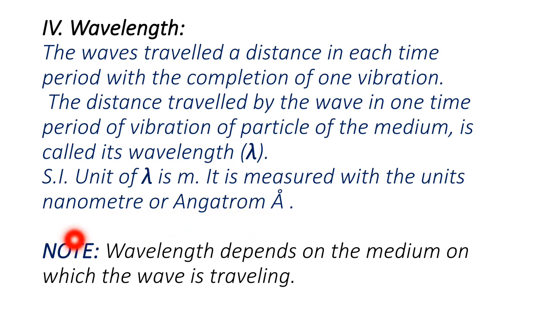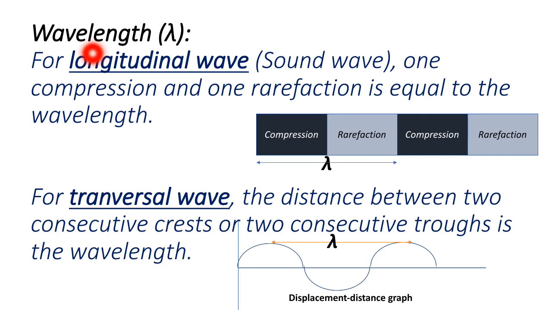Now see, one point is to be noted here, wavelength depends on the medium in which the wave is traveling. Now the wavelength for the longitudinal wave: as we know, waves may be longitudinal or transverse, and sound wave is a longitudinal wave. For the sound wave, we have all studied compression and rarefaction.